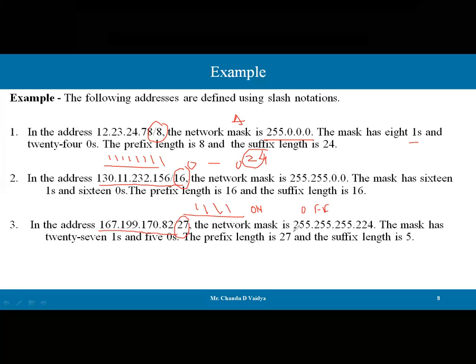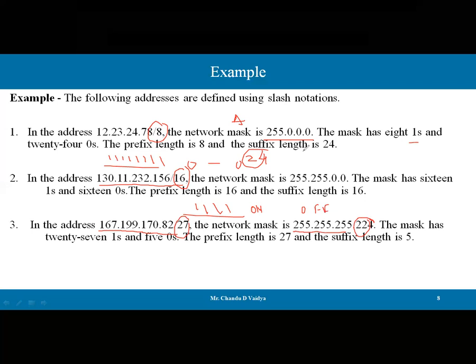This will be 8 plus 8 plus 8, which is 24, plus 3, which is also 27. So the subnet mask will be 255.255.255.224. It has 27 ones, and the remaining 5 will be 0.